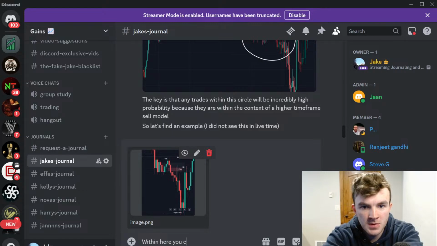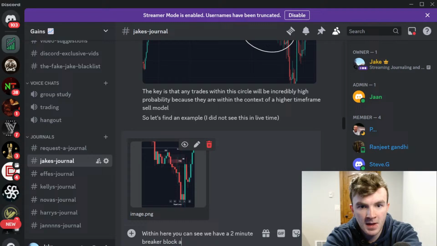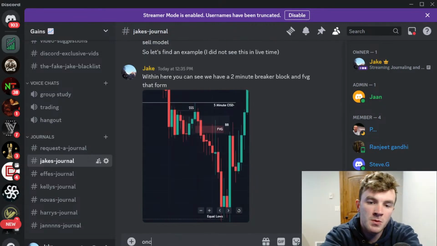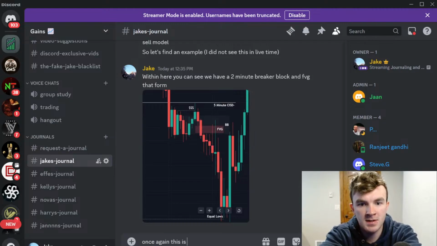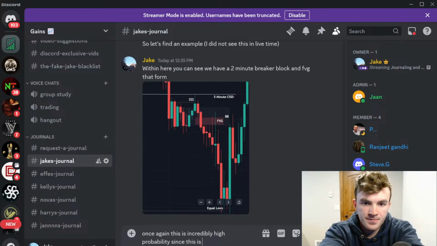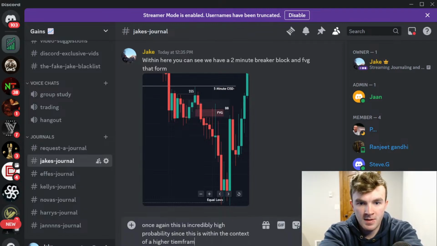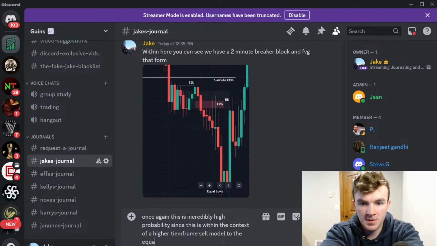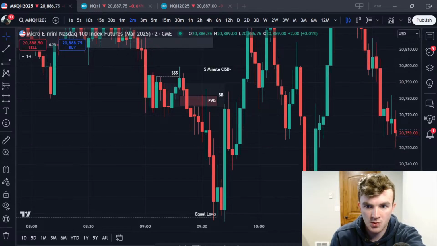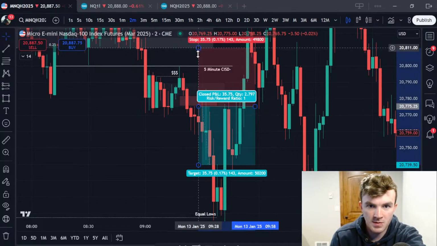Within here you can see we have a 2-minute breaker block and fair value gap that form. Once again, this is incredibly high probability since this is within the context of a higher time frame sell model to the equal lows. So you can enter when we retest the fair value gap.